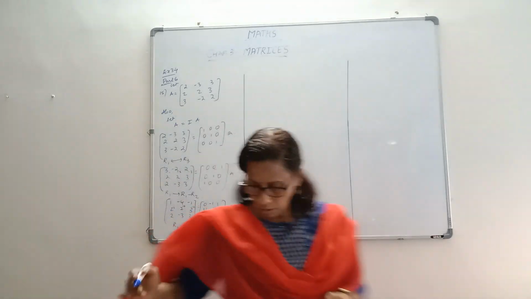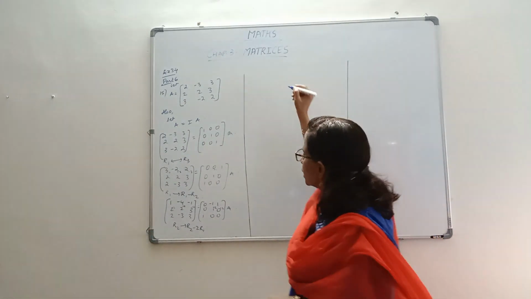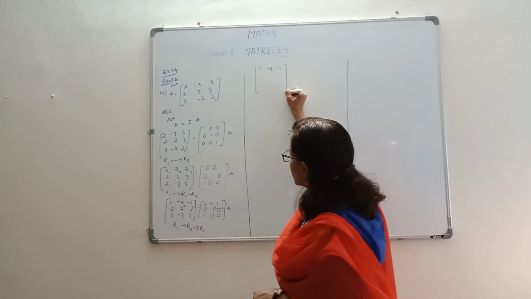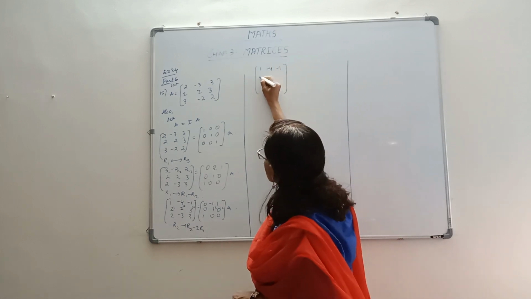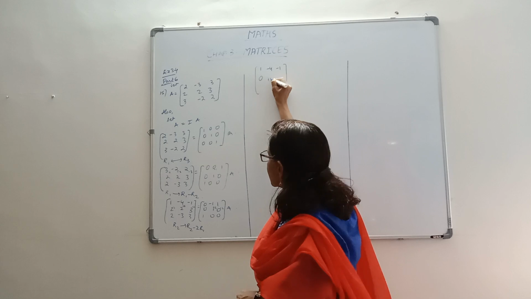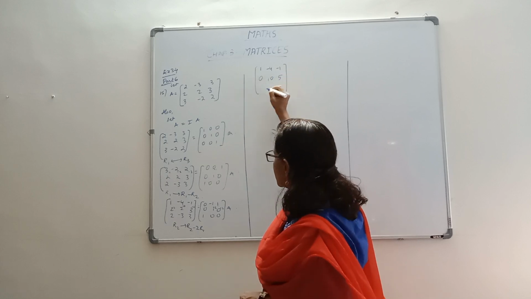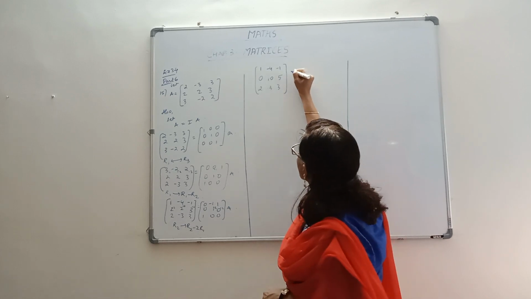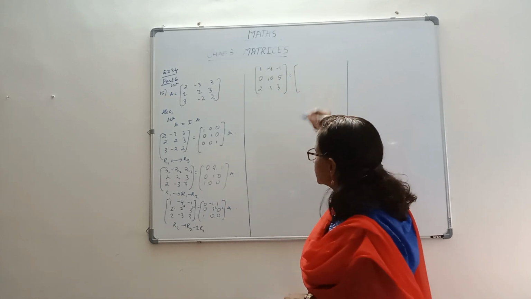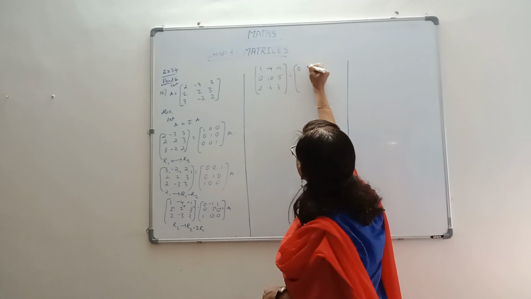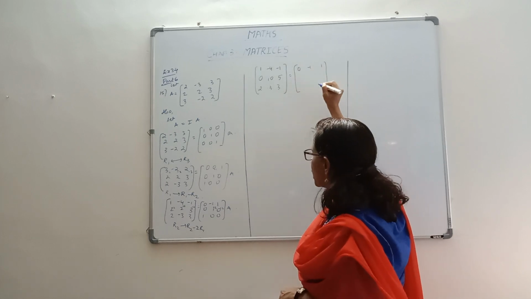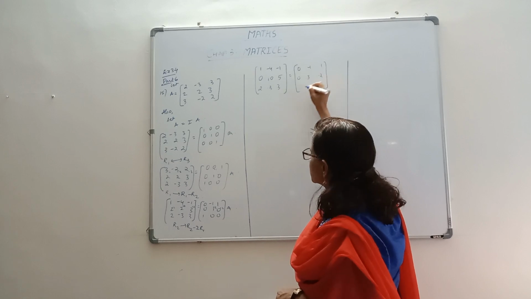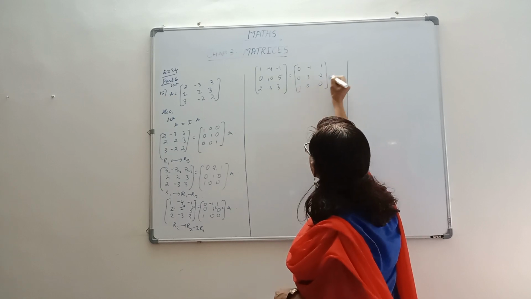So let us see now how this is going to come. This will be 1, minus 4, minus 1, and 2 minus 2 is 0, 8 plus 2 is 10, 3 plus 2 is 5, this is already 2, minus 3, 3, and this is 0, minus 1, 1, and here it is 0, 3 minus 2, 1, 0, 0, 8.